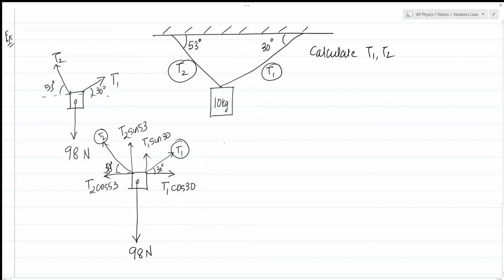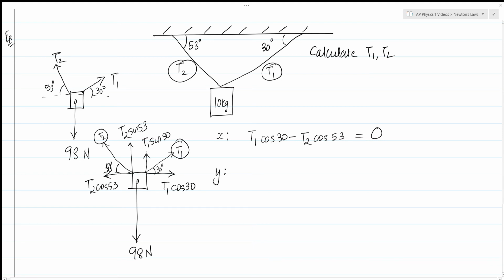If we set the x components equal to 0, we notice on this picture that T1 cosine 30 and T2 cosine 53 are oppositely directed. So we could set up the equation T1 cosine 30 minus T2 cosine 53 is equal to 0. Similarly, we could set up an equation along the y direction.